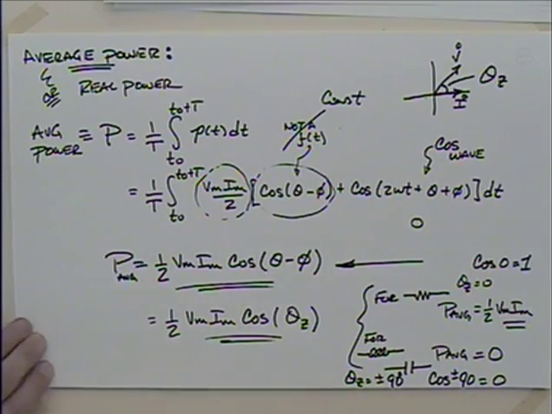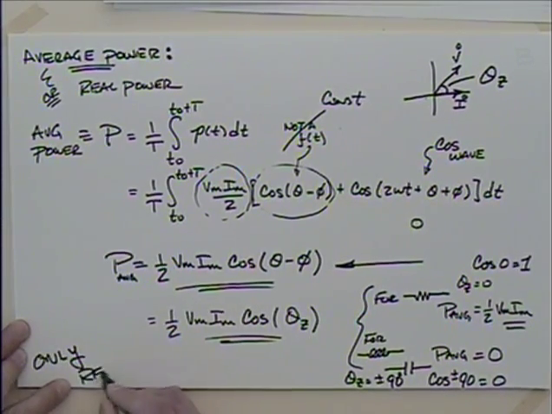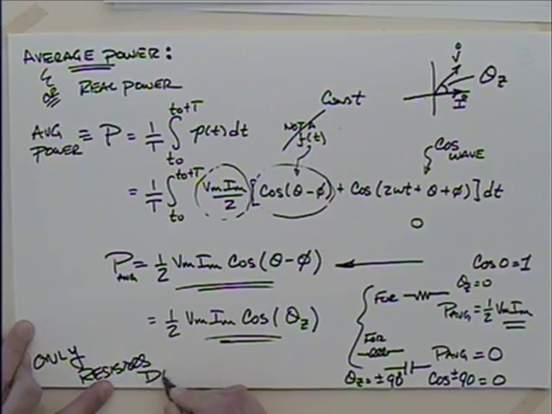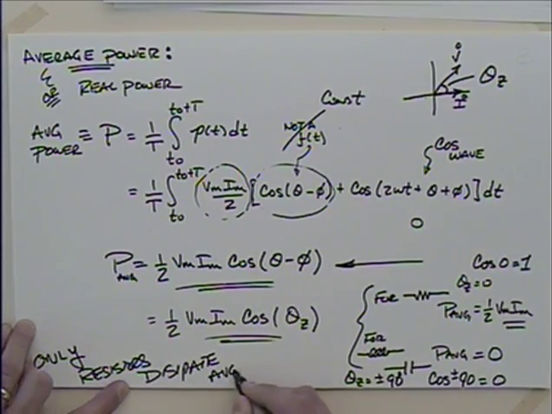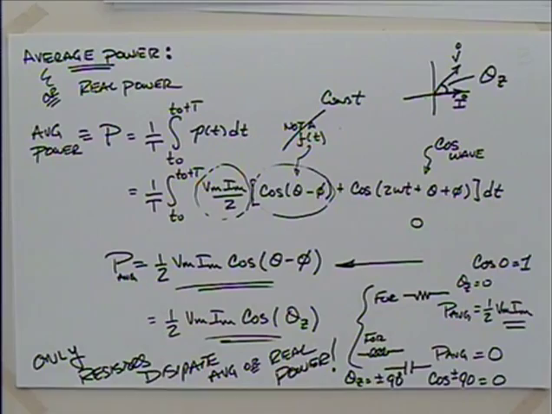So the conclusion here is that what? Only resistors dissipate average or real power. That's worth an exclamation point.